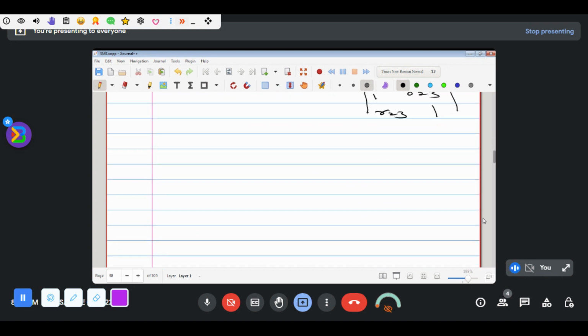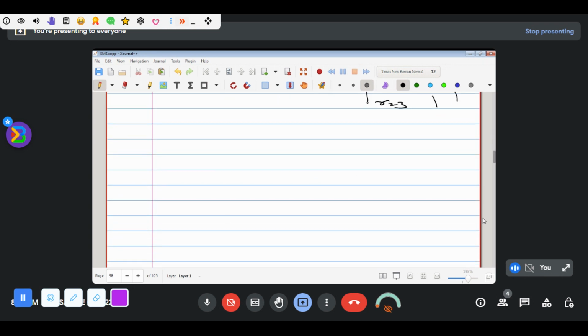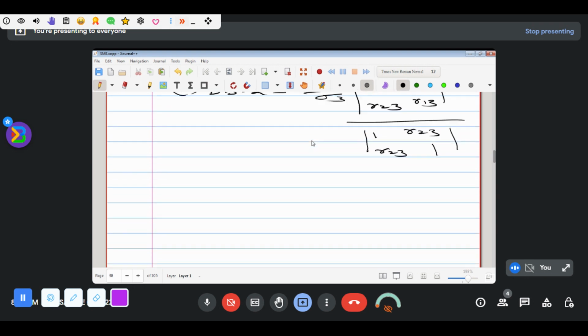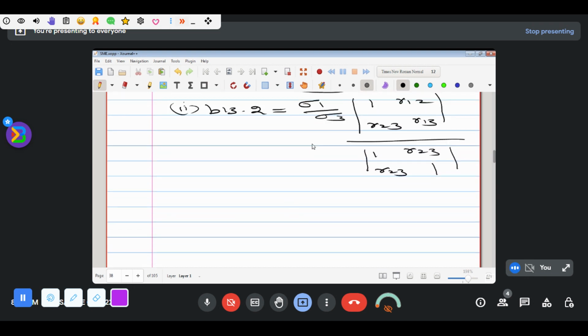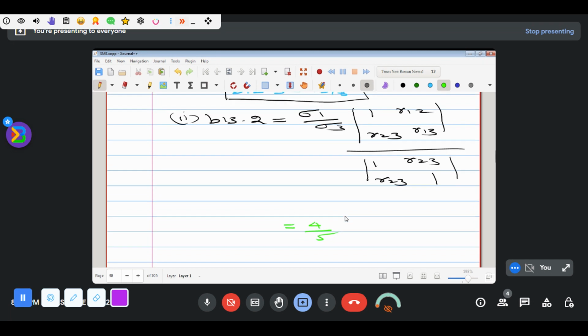Just simplify. What is the sigma 1 value? Sigma 1 value is 4 and the sigma 3 value is 5. Therefore, applying all results, that equals 4 by 5.